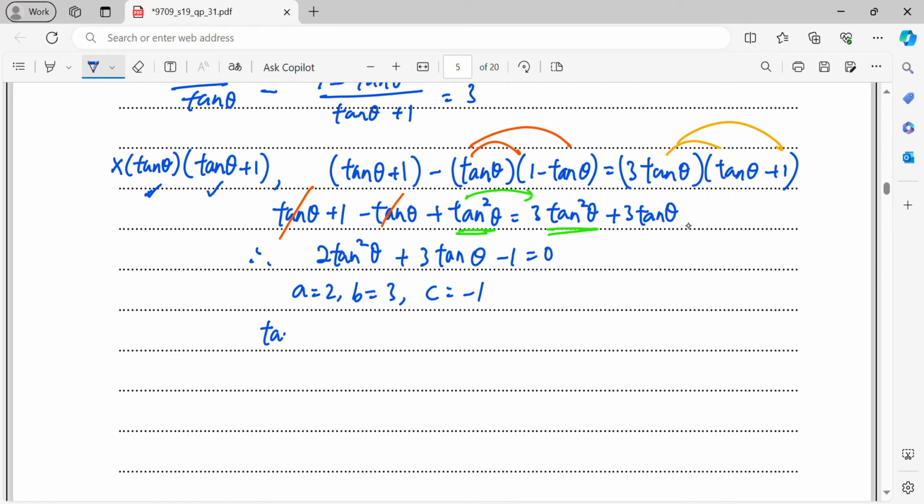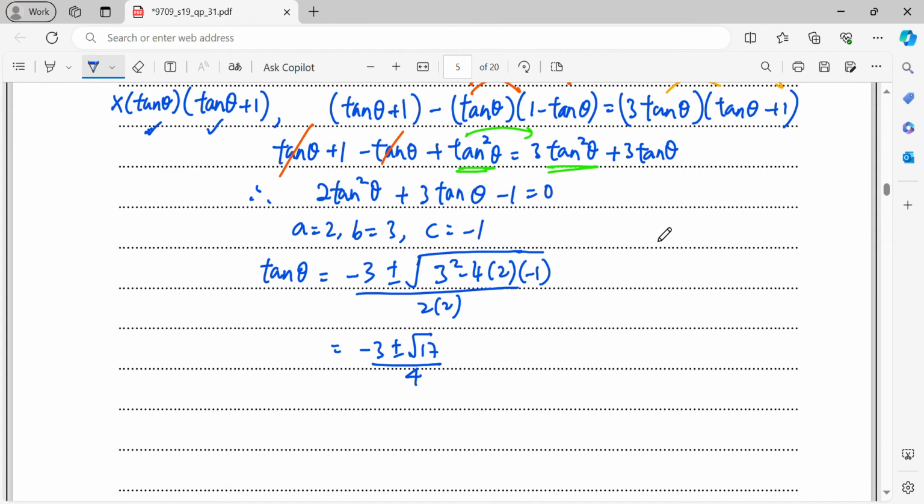So here I will write tangent theta equals minus B, so minus 3, plus minus square root of B squared minus 4AC, over 2A. Then from here, you will get minus 3 plus minus square root of 17 over 4.